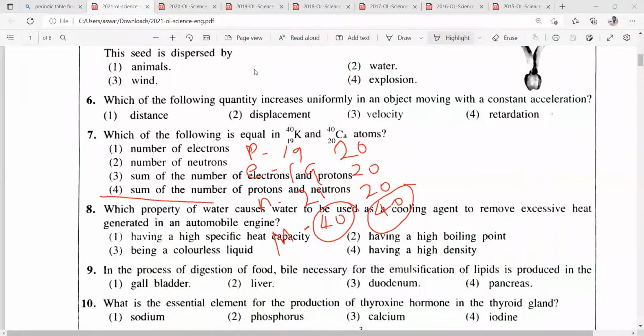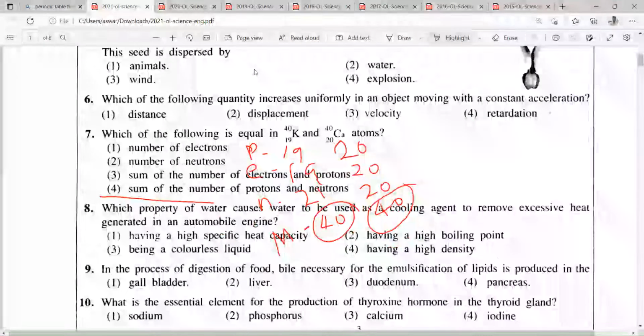Like that, atomic number is unique for each element. 19 is only for potassium. The atomic number 19 cannot be for another element. Only for potassium. Are you clear on this one?